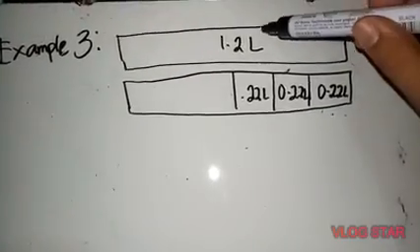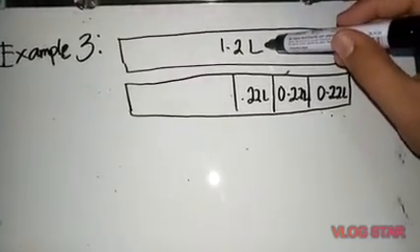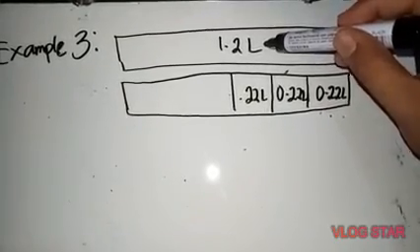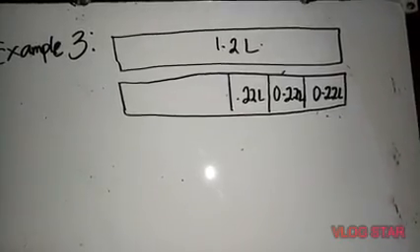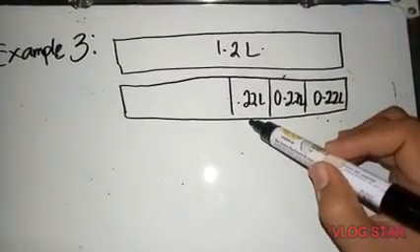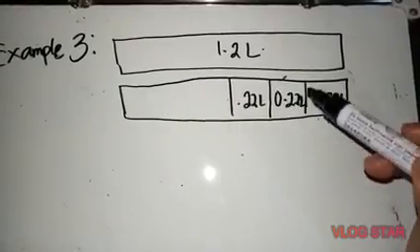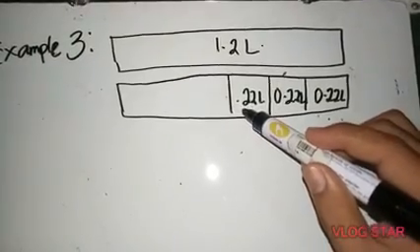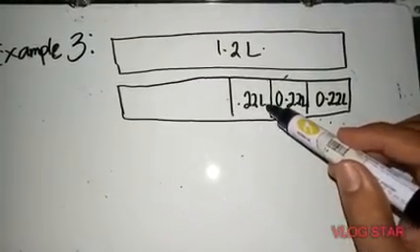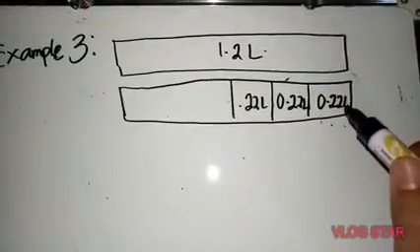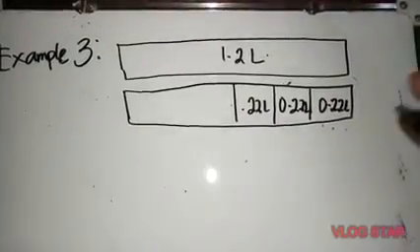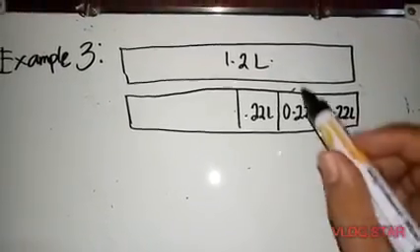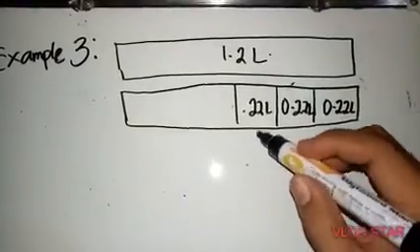Since the pitcher contains 1.2 liters of pineapple juice, then mother fills 3 glasses and each glass contains 0.22 liters. So it means that you remove 3 times 0.22 liters from 1.2 liters.